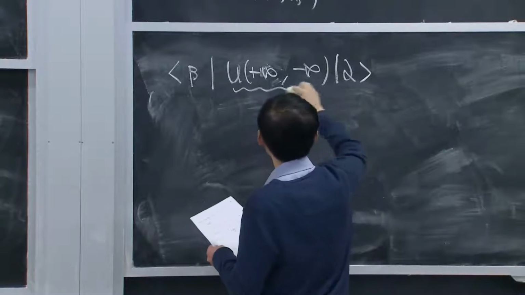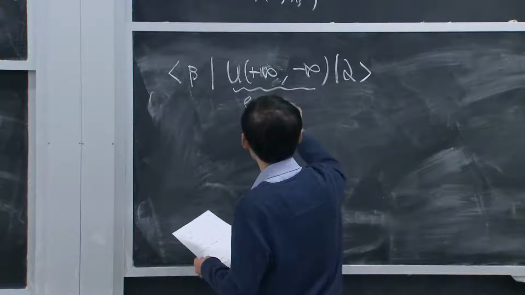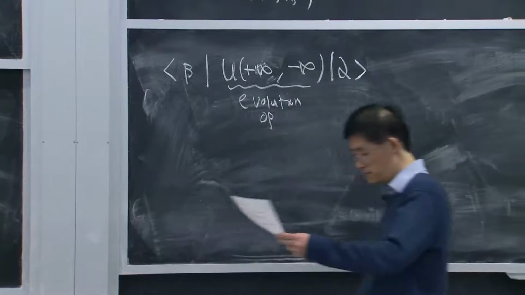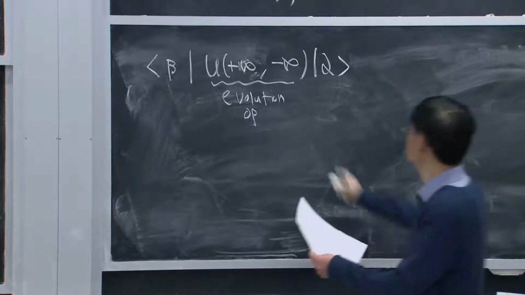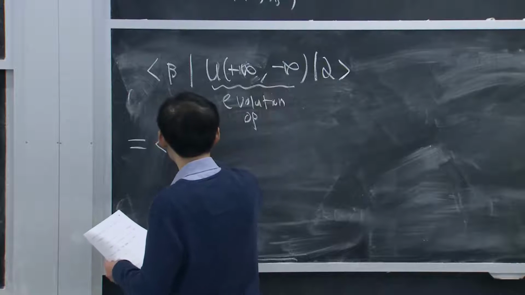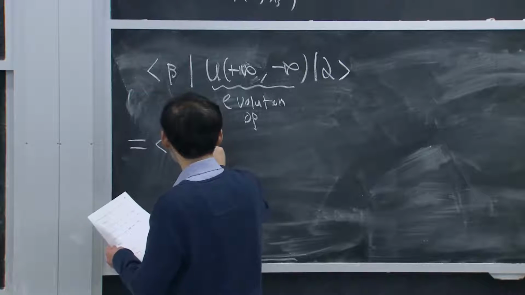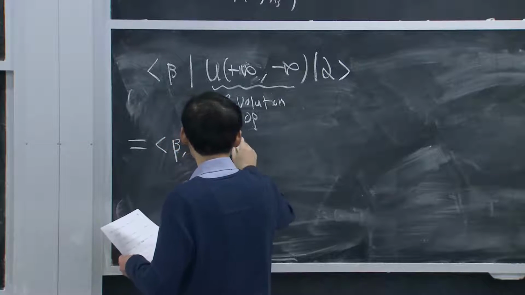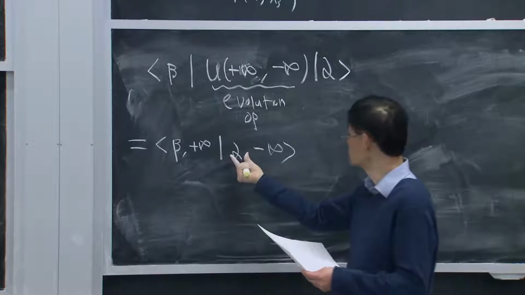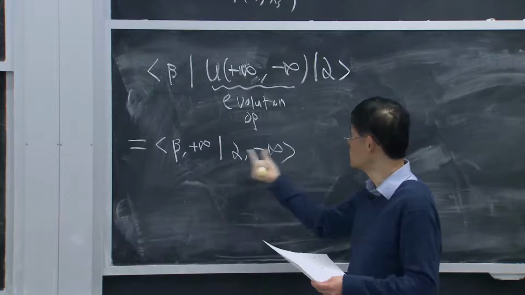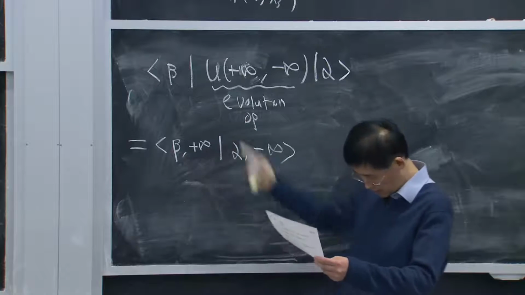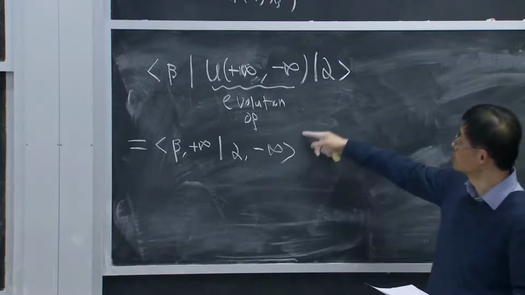This is the evolution operator of your quantum system. Sometimes we also write this as, so this is in the Schrodinger picture, and in the Heisenberg picture we write it like this. This means this is the state defined at minus infinity, and this is the state defined at plus infinity. This is the notation in the Heisenberg picture, and this is the notation in the Schrodinger picture.